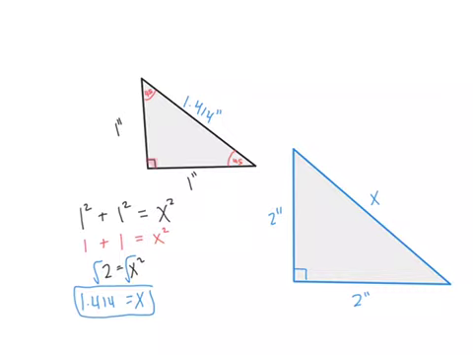I still could do 2 squared plus 2 squared equals x squared. Or we can make a nice observation. Whenever you have the same side lengths, which we do, 2 inch and 2 inch, this diagonal is always going to be whatever your side lengths are multiplied by 1.414. So if I take 2 and I multiply by 1.414, I would get 2.828 inches. And so that would be the length of the diagonal.